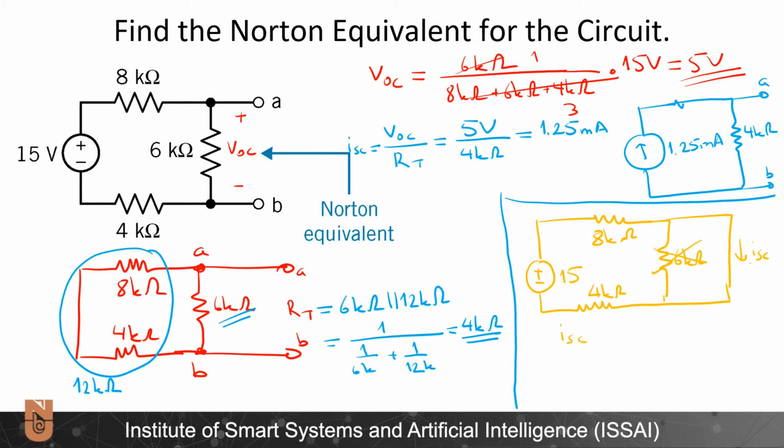Accordingly, I short circuit will be equal to 15 volts divided by 8 kilo ohms plus 4 kilo ohms, and this is also equal to 15 over 12, which is 1.25 milliamperes. So I basically verified the solution which I found in the upper part by finding the I short circuit in an alternative way.